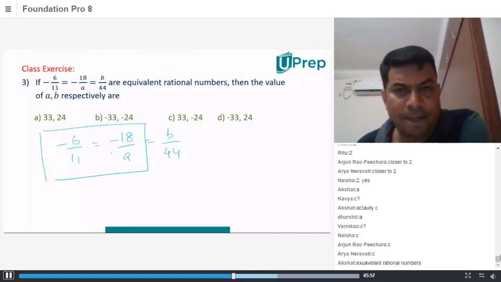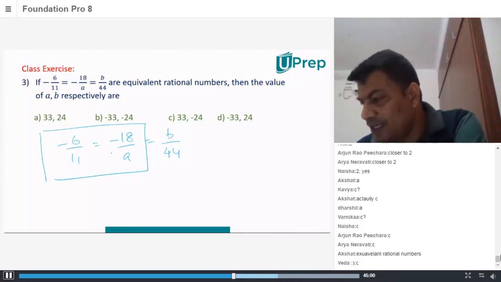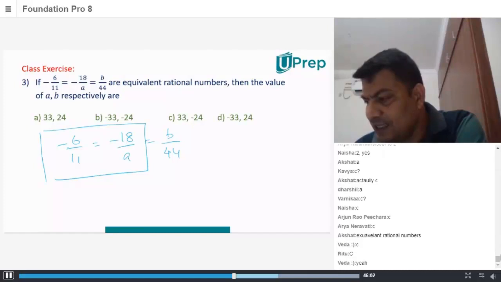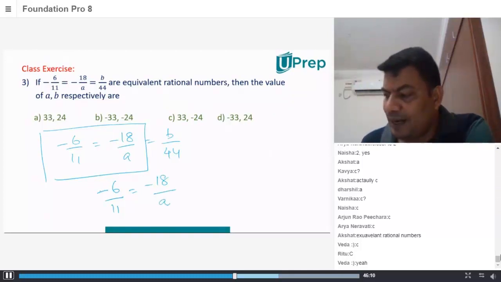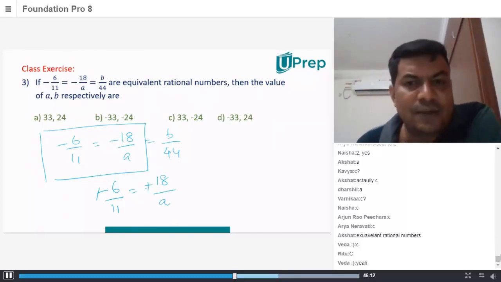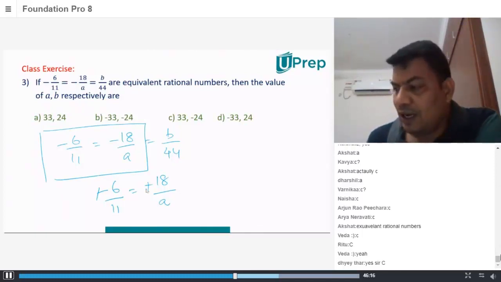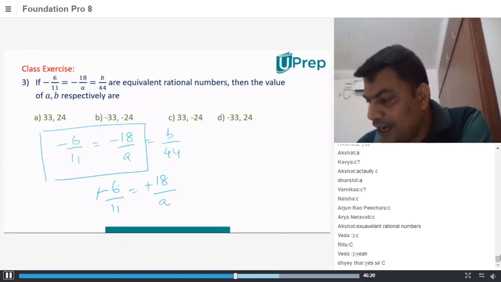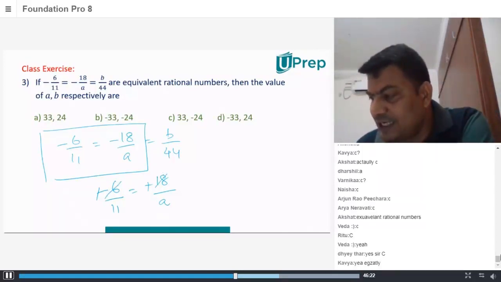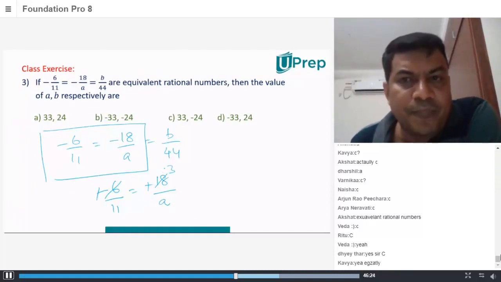Minus 6 by 11 is equal to minus 18 by A. Your minus becomes plus, because on both the sides there is minus. Can I divide this, 6 ones are 6, threes are 18? Is that okay with everyone?